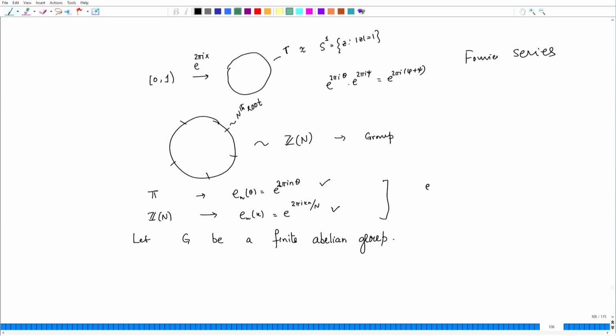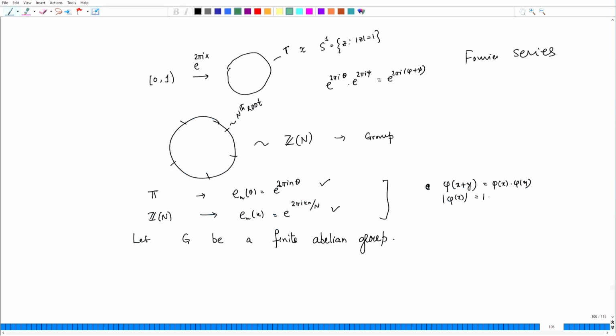Now, the feature is that all these maps satisfy, if I am using a universal symbol phi for both the maps e n, then phi acting on the group element x plus y gives me phi of x into phi of y, and this phi is a map from, let us say, T or Z to the circle, phi of x mod 1.